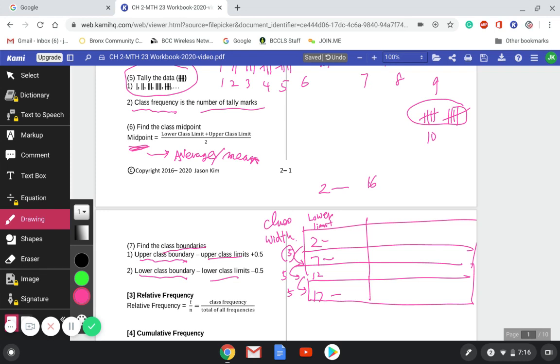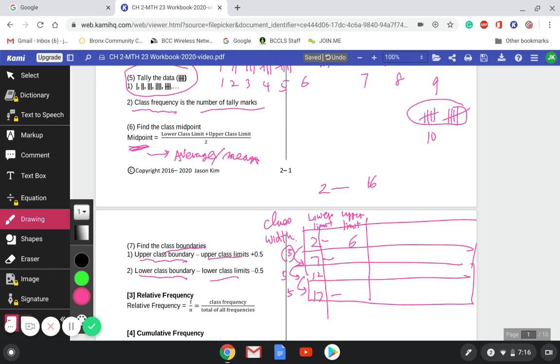And then once you find the lower limits, the upper limit would be just one before, the number one shorter than the lower limit of the next class. So what is one shorter than 7? 6. So it's going to be 6 here.